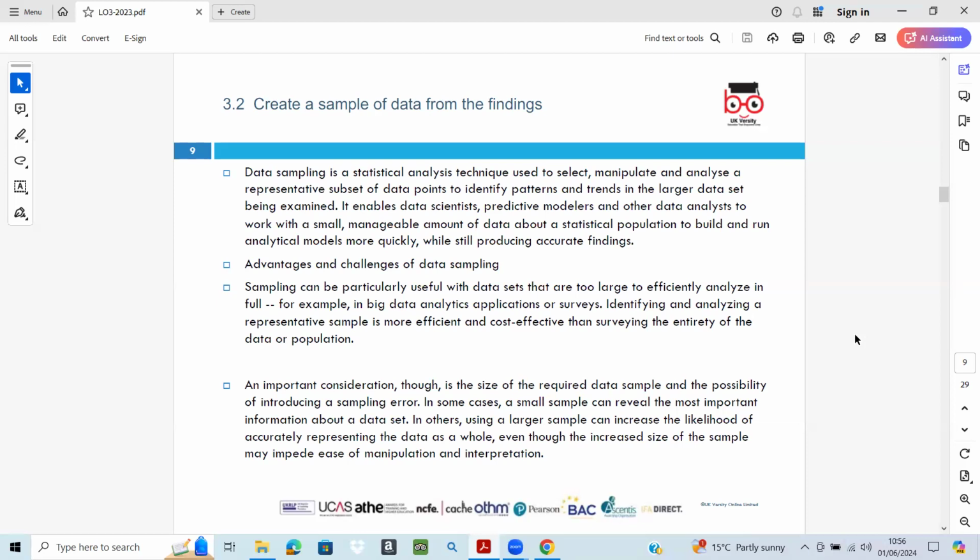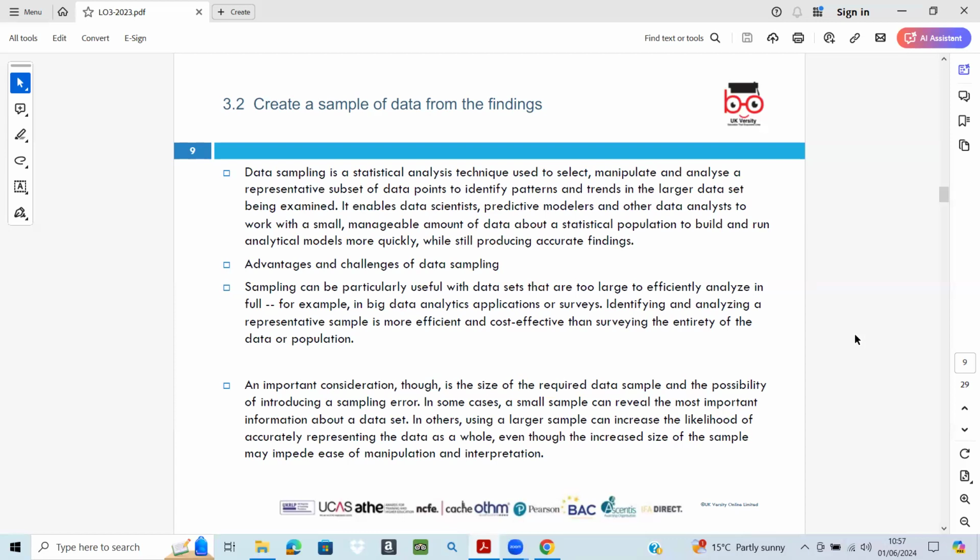Then we need to mitigate sampling errors. To reduce sampling error, we need to ensure our sample is as random and representative as possible. And we need to use stratified sampling if the population has distinct subgroups. We need to validate the representativeness of our research by comparing it to characteristics of the entire data set.